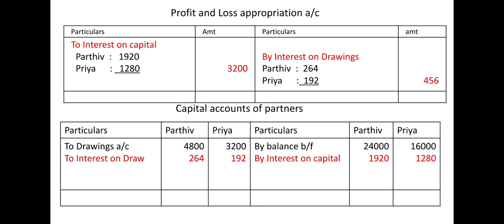Now let's go for adjustment number 2. Adjustment number 2 is on sales. So let's go to trading account and write down the sales from the trial balance. Sales are 2 lakhs. Now students, the adjustment is unrecorded sales. You know that unrecorded sales is always added into sales.